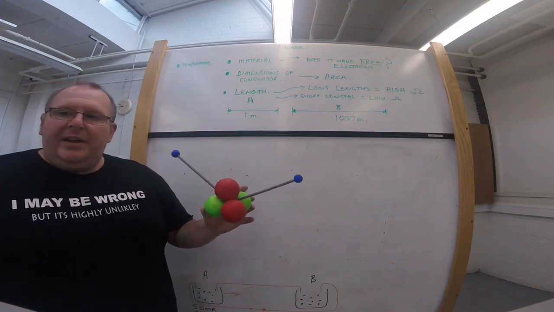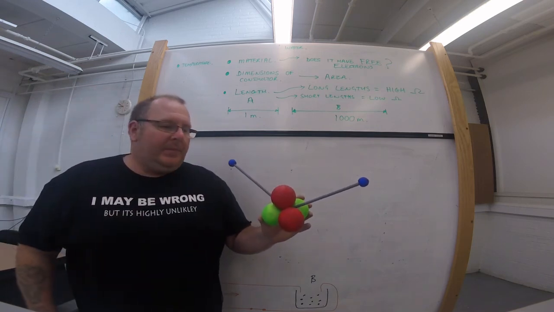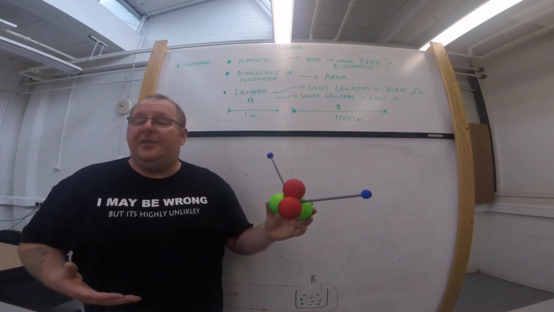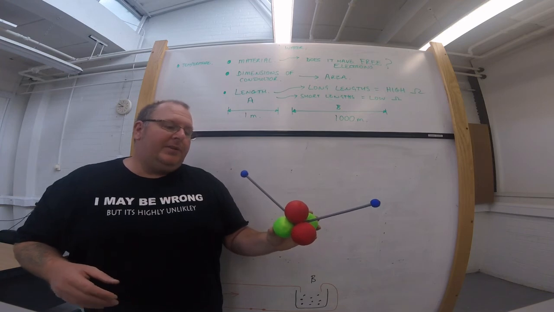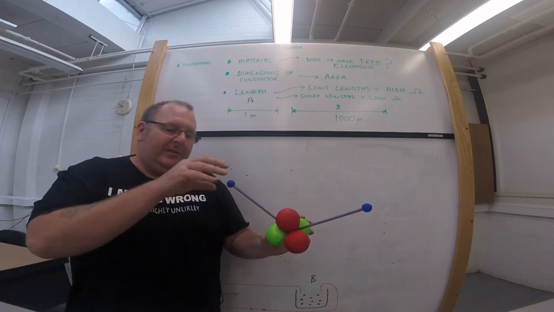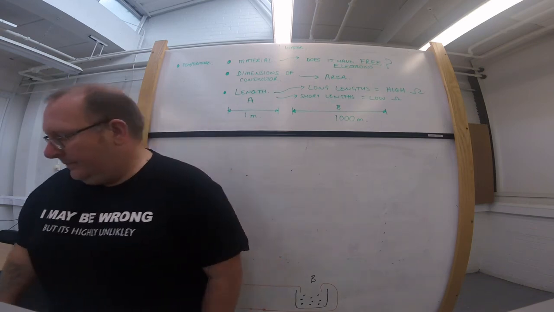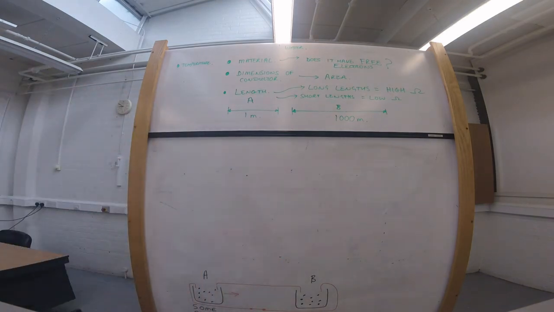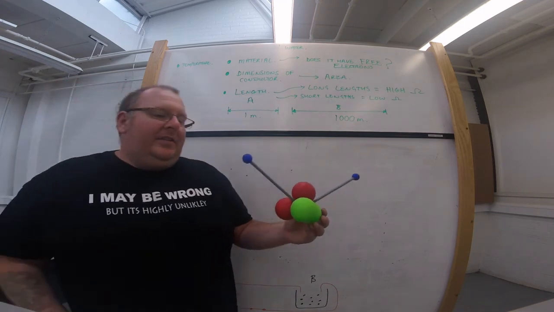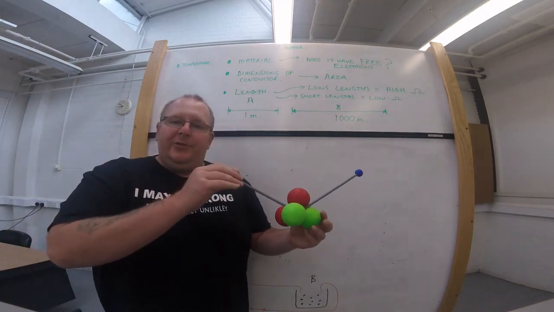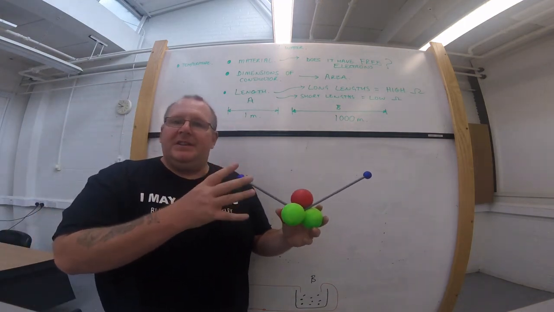So, when I apply heat to this, in the form of heat energy, what I'm doing is, the energy actually sort of agitates the electrons. The energy agitates these electrons. It makes them fizz, if you like.